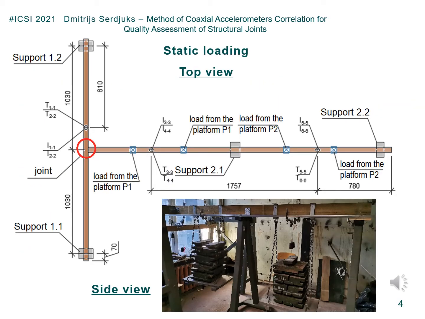The stand of timber beams consists of the main and additional beam made of C18 strength grade solid timber. The statical scheme of the main beam was a freely supported beam with a span of 2 meters, and for the additional beam it was a 2-span continuous beam with 2 spans of 1.5 meters each.